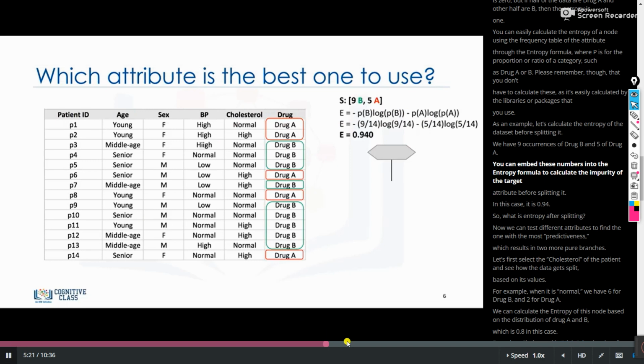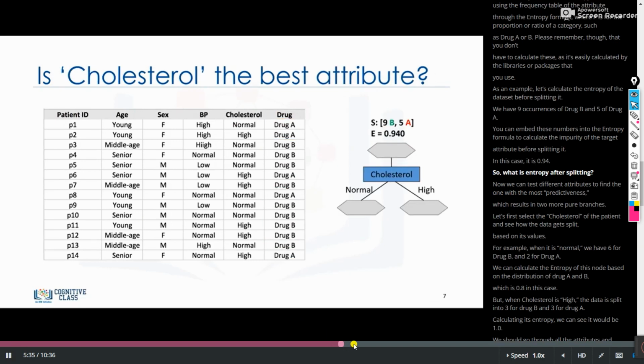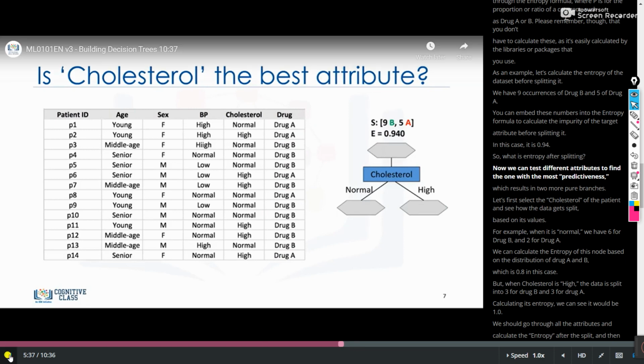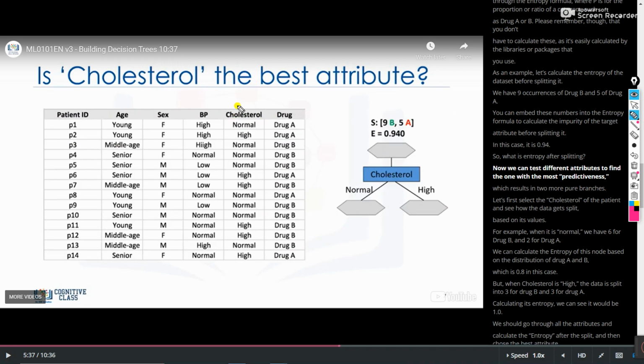And how to calculate the next entropy? Just take the first variable, let's say it's cholesterol.